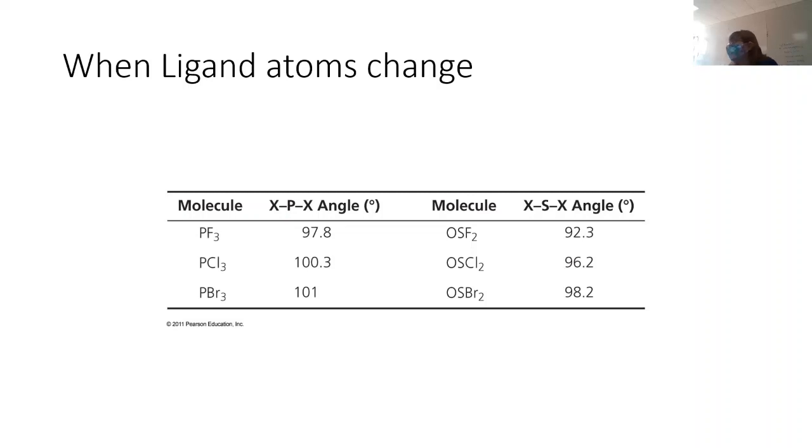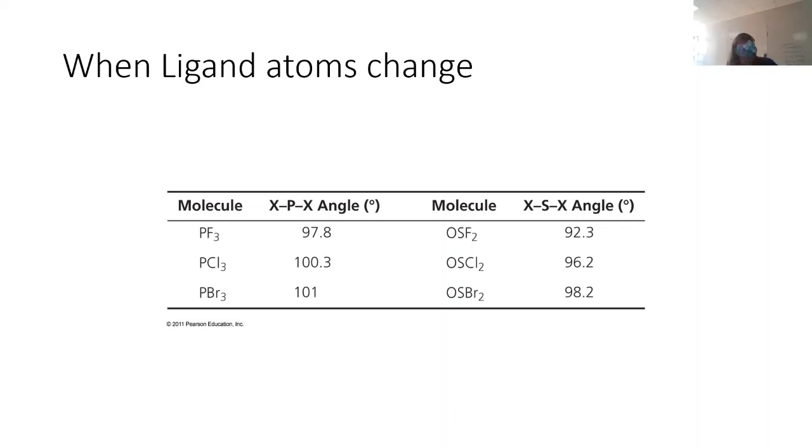In ammonia, it's right around 107, just a couple of degrees smaller. You can see in these cases that's not what's going on. We have it even underneath 100 in a couple of places. And then we have this trend for how the bond angle changes depending on what is attached to it. This table is in your book, so you have a reference to that.